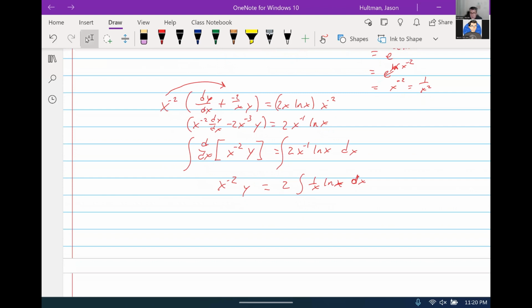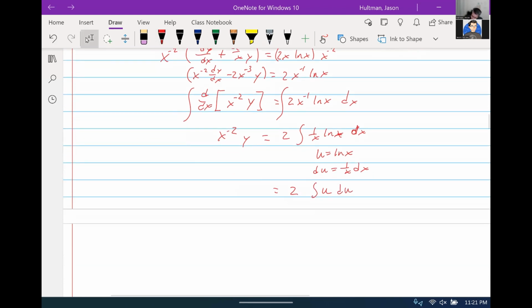However, a simple u sub might be helpful. If we let u equal natural log of x, then du is actually just 1 over x dx. So we're actually just taking 2 times the integral of u du.